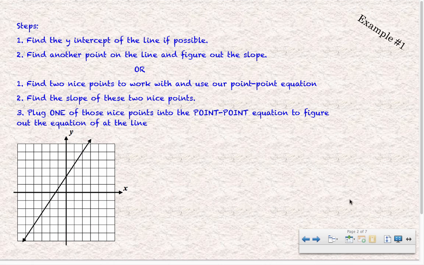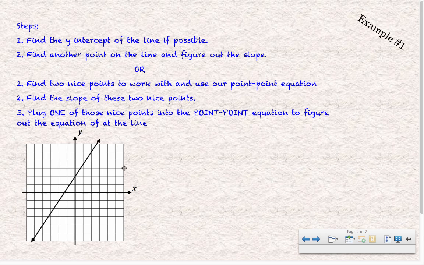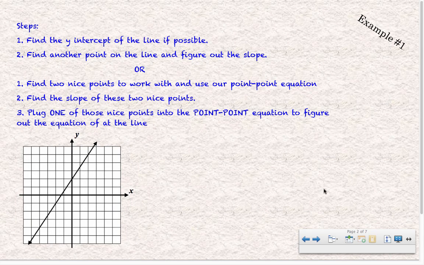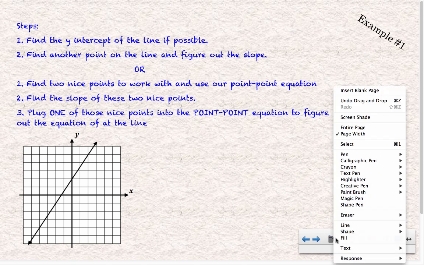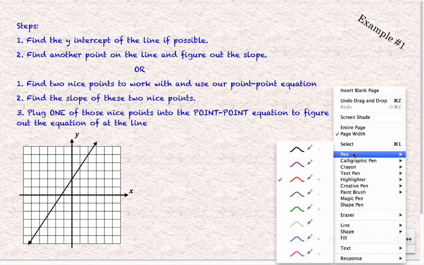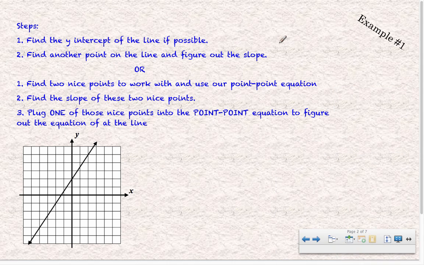Okay, for example 1, here we are given a picture, and I want you to write the equation of that line. We have our steps here. Let's see which one we can do. Can we go right to the y equals mx plus b?